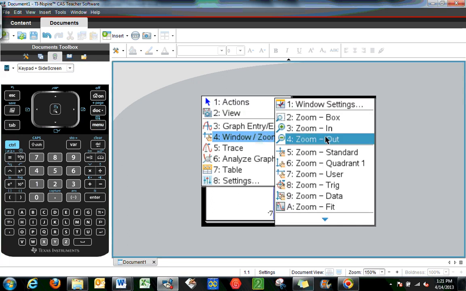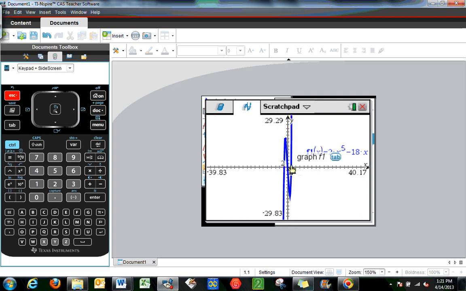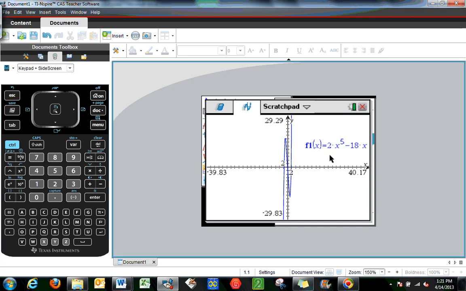If we zoom out just a touch, you can see what that looks like. It's kind of hard to see what we want to look at, but you can see that it's a real sharp curve. It goes up and down. So you can get a full visual of that.